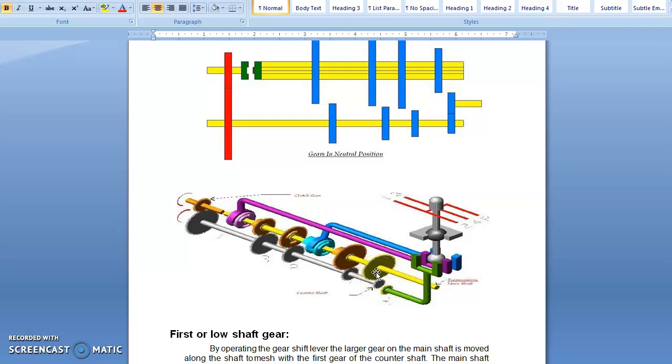So with a gear ratio of 1:4, the speed is reduced and the torque is increased. That is the main function of the gearbox, to increase the torque, which is much needed in the case of first gear. So this is all about the first gear.